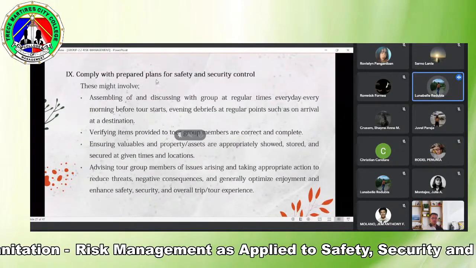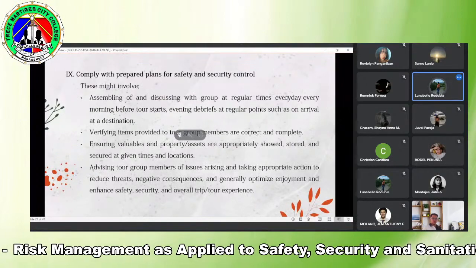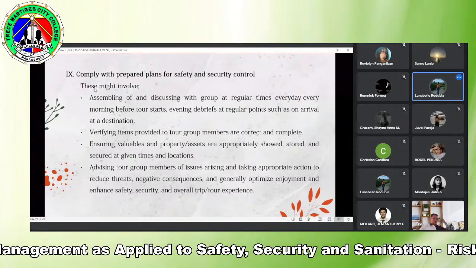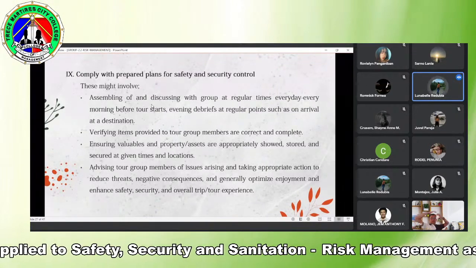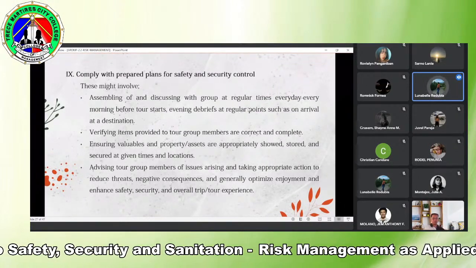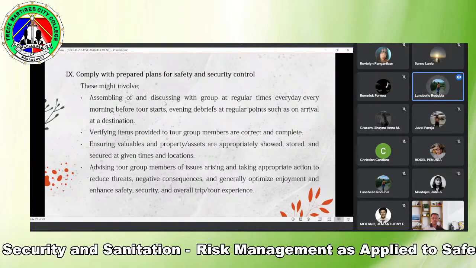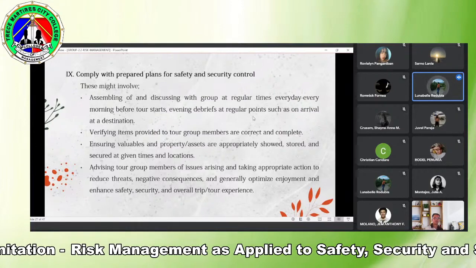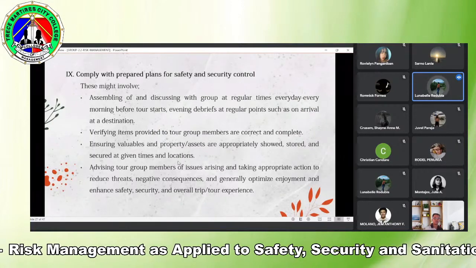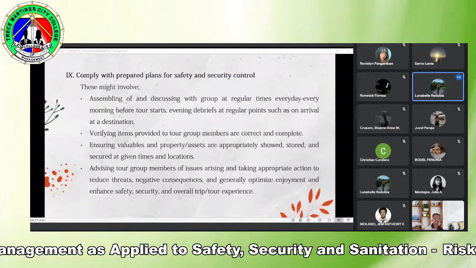Comply with the prepared plans for safety and security control. This might involve assembling of and discussing with the group at regular times every day, every morning before tour starts, evening debriefs at regular points such as on arrival at a destination.